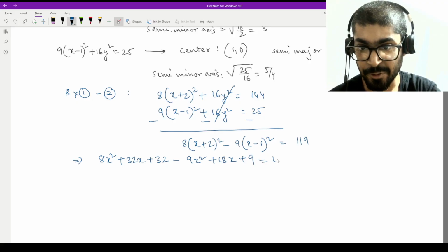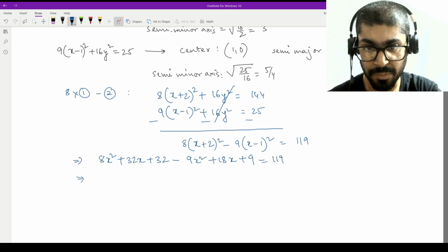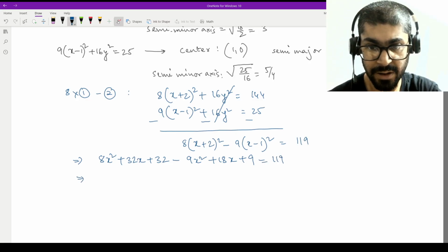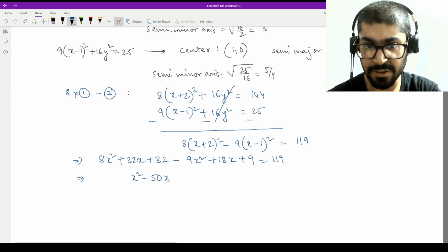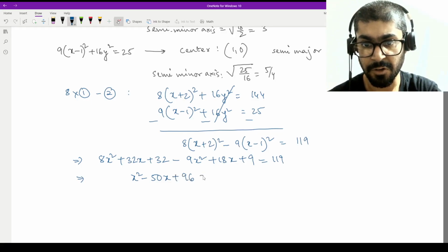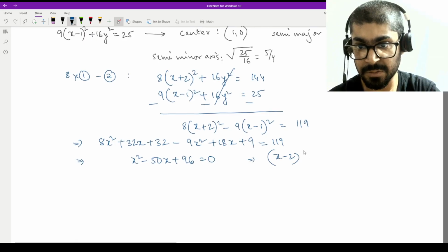I have 119. Now if I simplify it, I'll get x² - 50x + 96 = 0, right? 32 plus 18 is 50. Well, this is easy to solve. 96 is 48 into 2. So this will give me (x - 2)(x - 48) = 0.